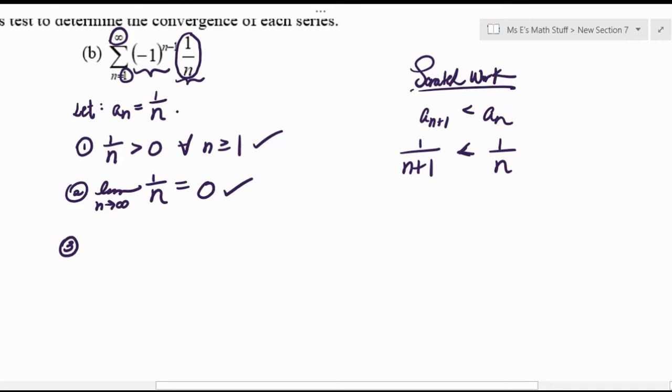If that doesn't make sense, you could actually multiply both sides by n plus 1 and multiply both sides by n, and stuff like that, which is all positive. It wouldn't matter, because n is from 1 to infinity. So you could also do that. So you could multiply both sides by n times n plus 1.